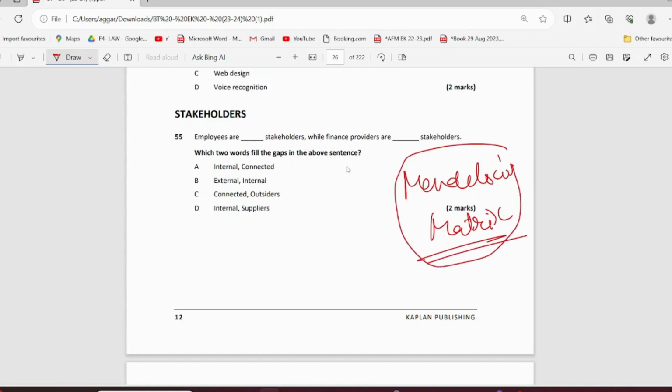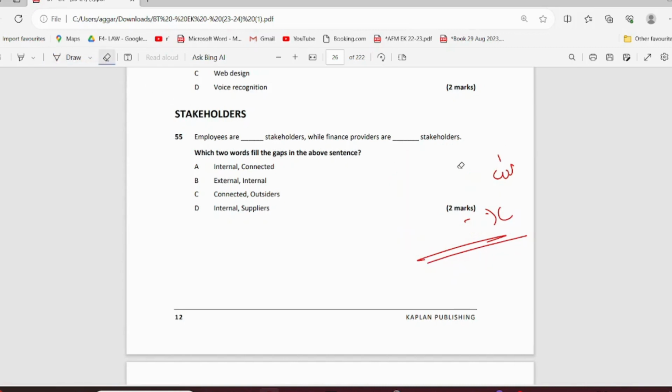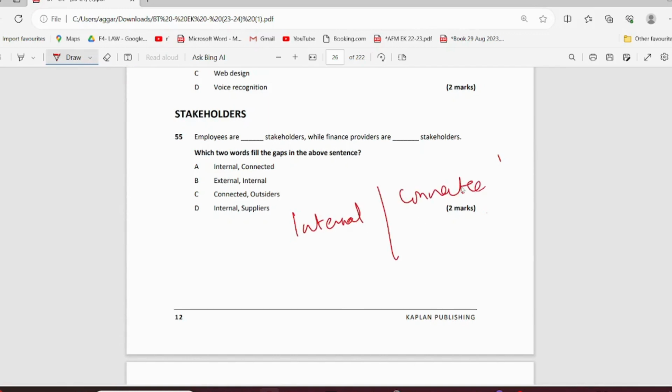So let's move forward with the first question: employees are dash stakeholders while finance providers are dash stakeholders. Now you should know the difference between the types of stakeholders we have. We have internal stakeholders, connected stakeholders, and external stakeholders.